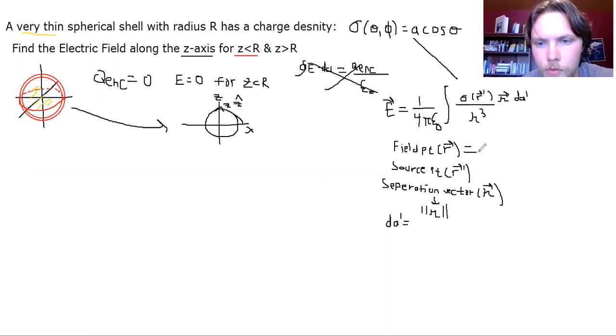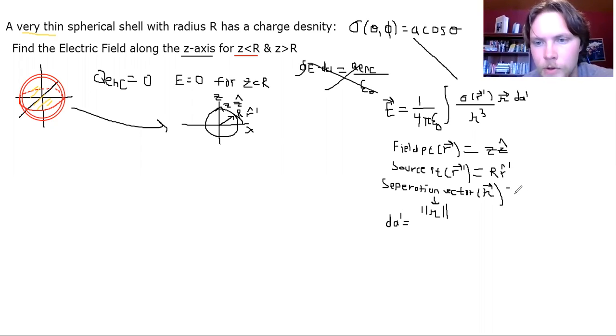So the field point is z times z-hat. For the source point, it's going to be along the radius, pointing in the r-hat prime direction. So it's a length big R, varying with r-hat prime. So the source point is big R, r-hat prime.